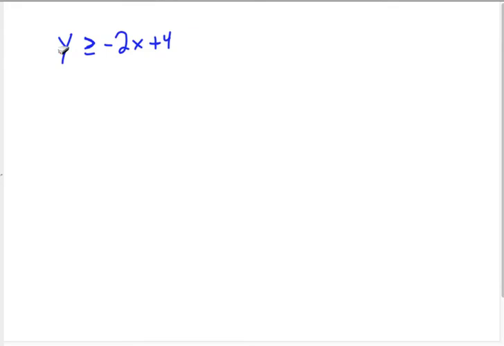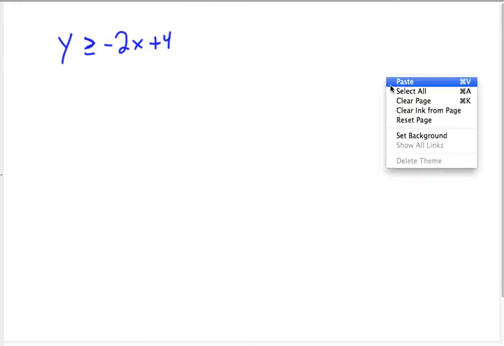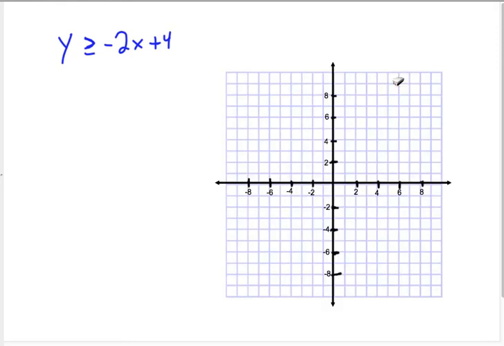Here we go again. We have our inequality and our graph. So we're going to start with the y-intercept, which is 4. So I'm going to put a dot at the 4. And then our slope is -2 this time. Again, I want to make it a fraction.